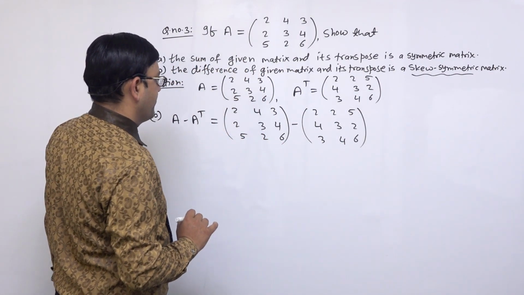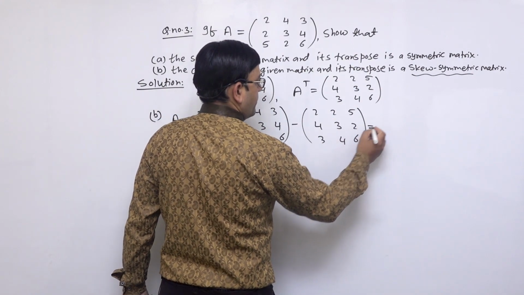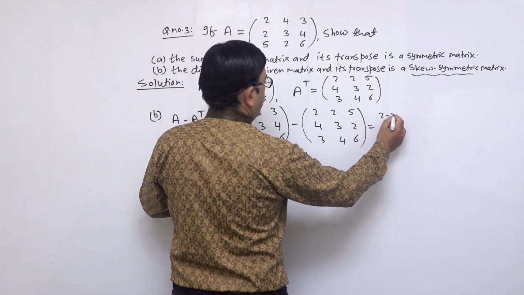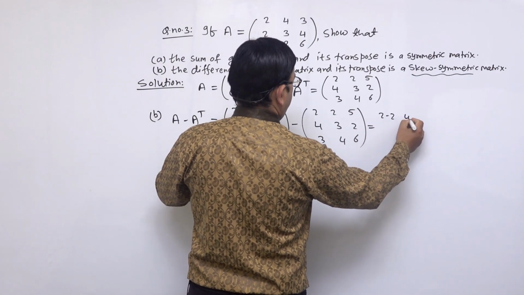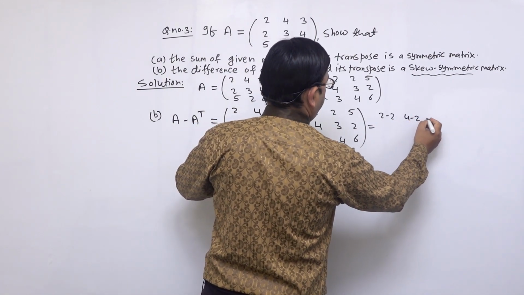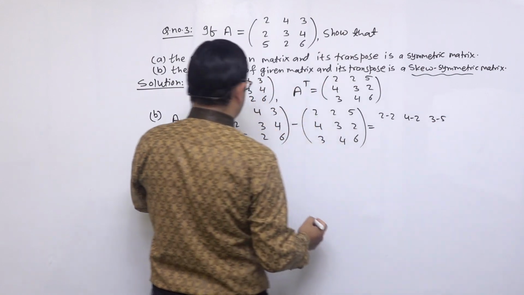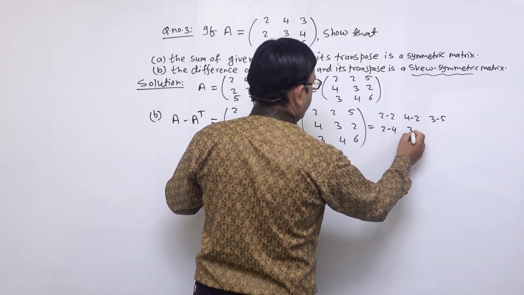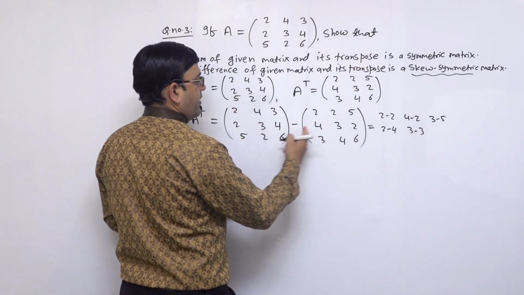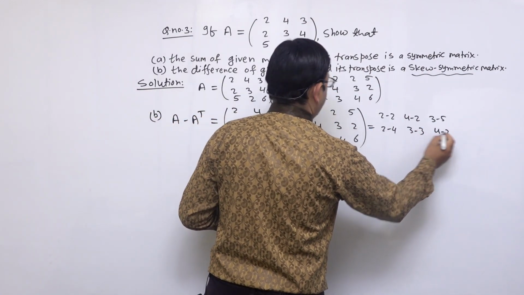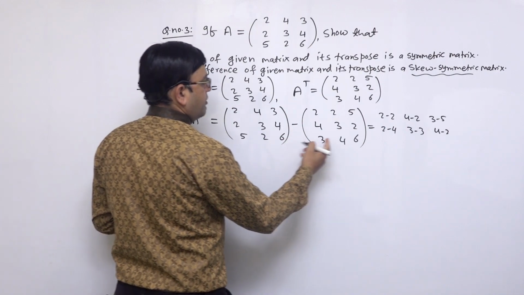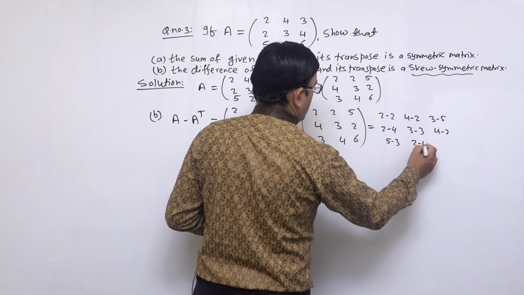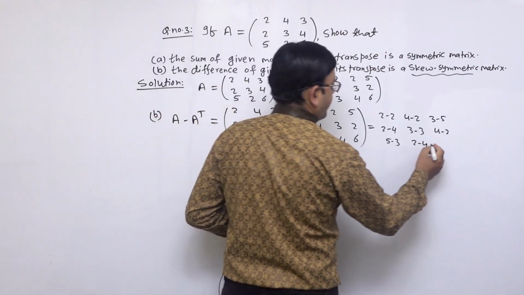Let's subtract this. Now this is equal to 2 minus 2, 4 minus 2, 3 minus 5, and then next 2 minus 4, 3 minus 3, 4 minus 2. It's very easy. 5 minus 3, 2 minus 4, and 6 minus 6.